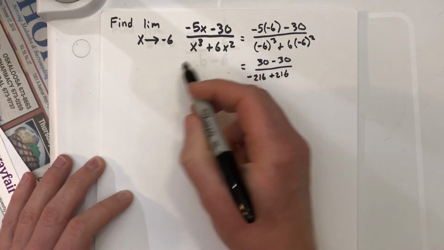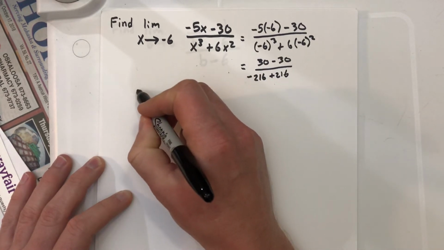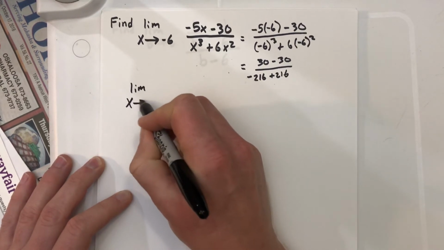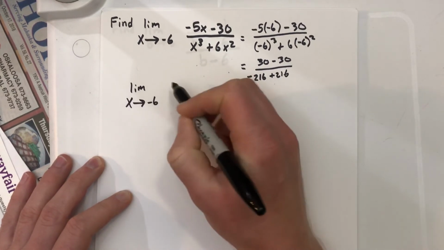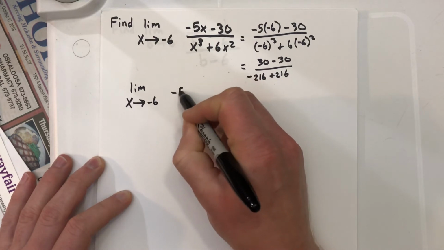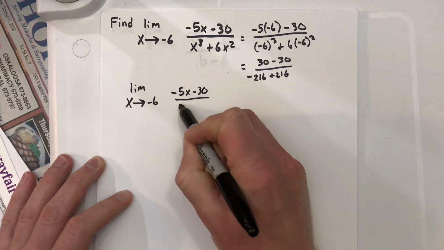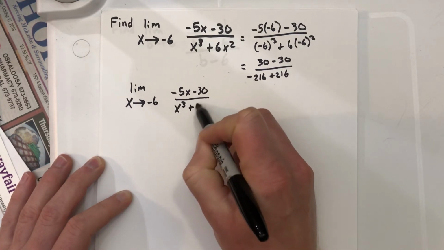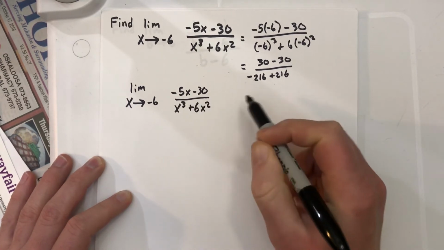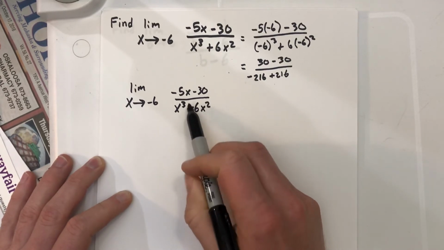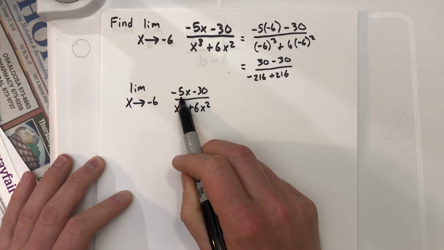So let's go ahead and write that over here, and we will start to factor it. Limit as x approaches -6 of -5x minus 30 over x cubed plus 6x squared. What I notice in here is I see a +6, and then up here I see -5 and -30.